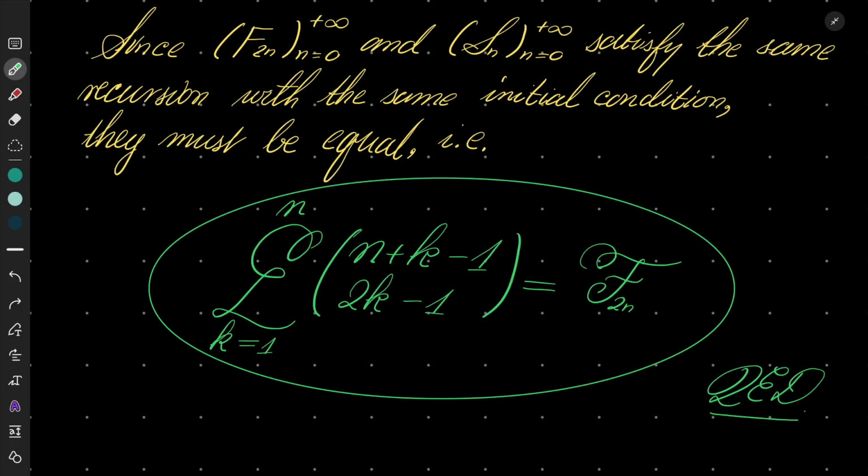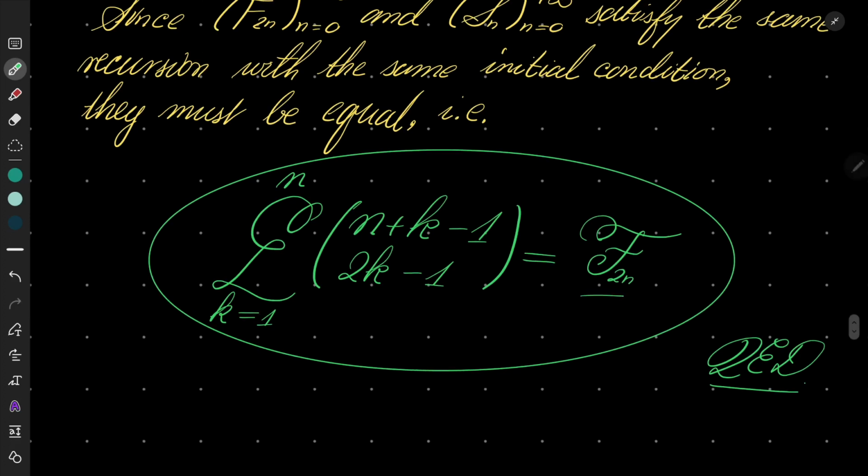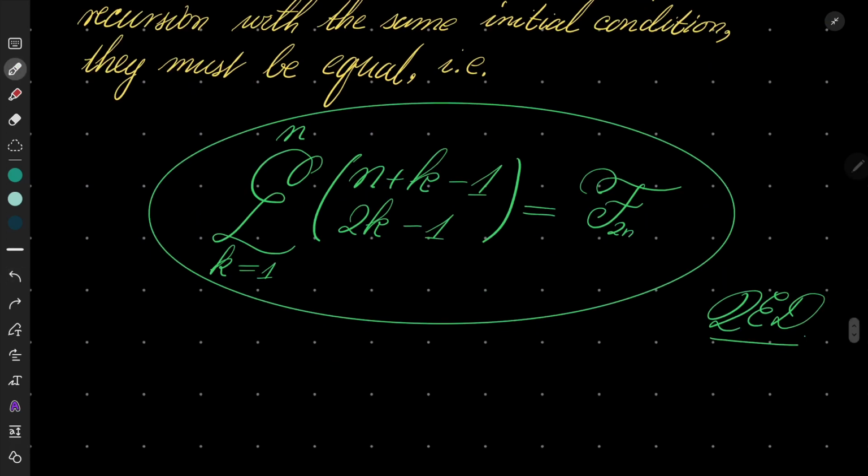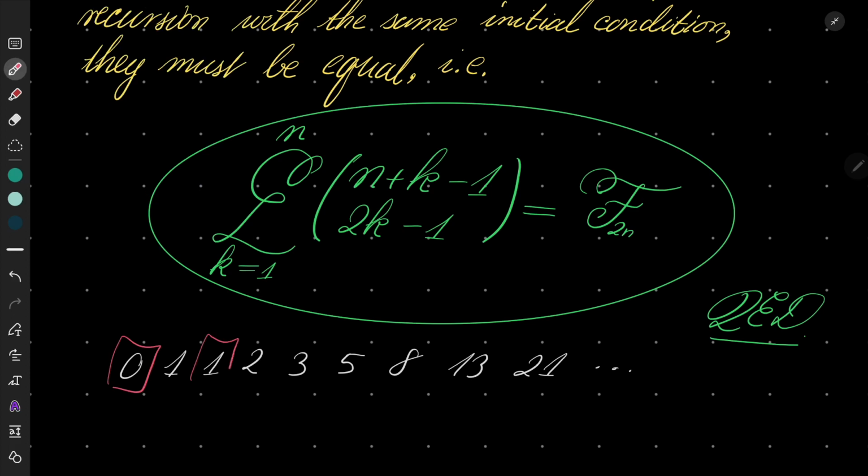If you know the Fibonacci sequence, which goes 0, 1, 1, 2, 3, 5, 8, 13, 21, and so on, and you see a sequence which begins with 0, 1, 3, 8, 21, bells might start ringing in your head that it might be connected to the Fibonacci sequence.